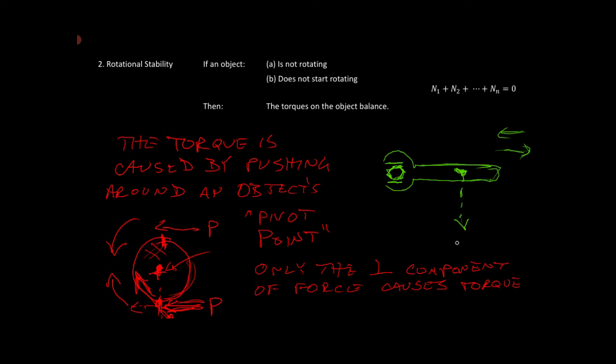If you push perpendicular to the handle, you're going to get the maximum effect, right? If you're pushing straight down, you get the maximum effect. In fact, this is all the effect you're going to get. If you were to push over this way, you get a lesser force, right?